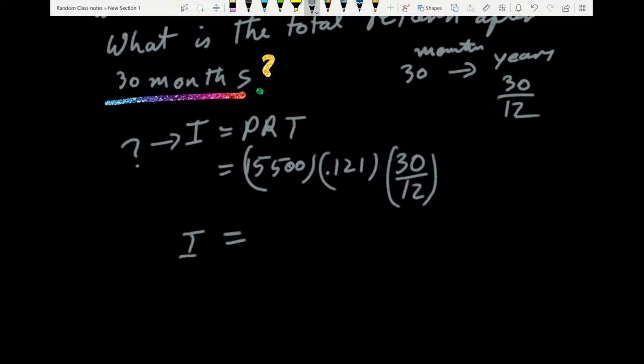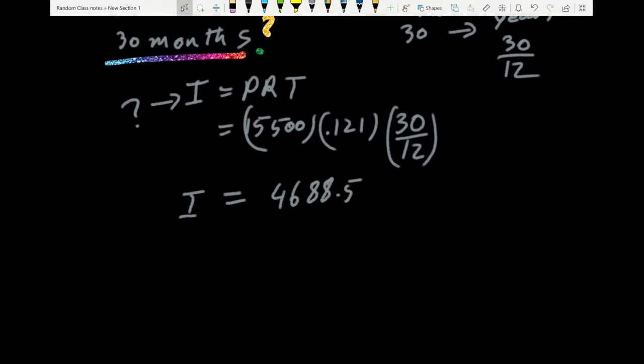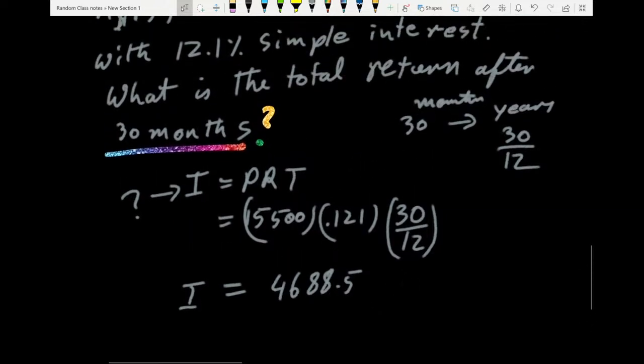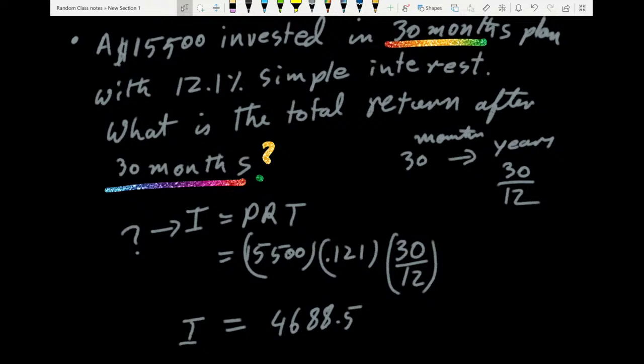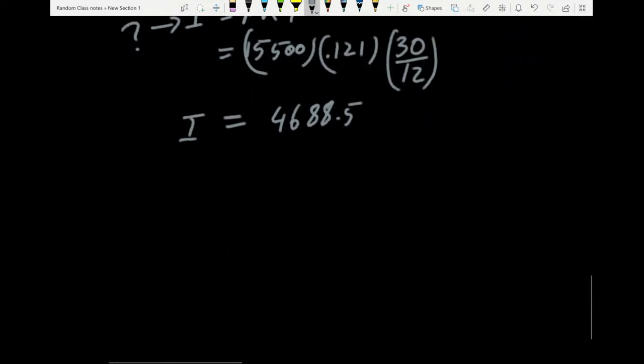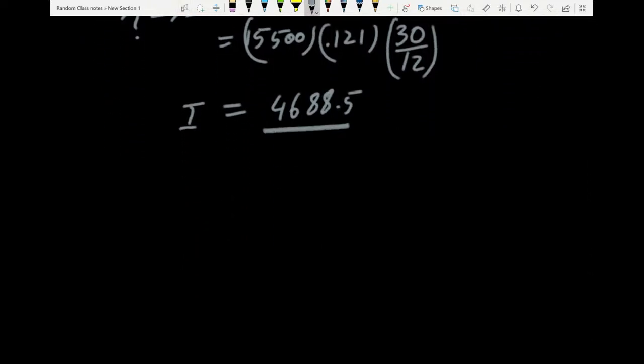15,500 times 0.121 times 30 divided by 12. Interest earned is 4,688.5. Again, for money, we always round to the nearest cent. We didn't have to do it on this one. Is that how much you will get after 30 months of investment? You put in 15,500 and you're going to get only 4,600?